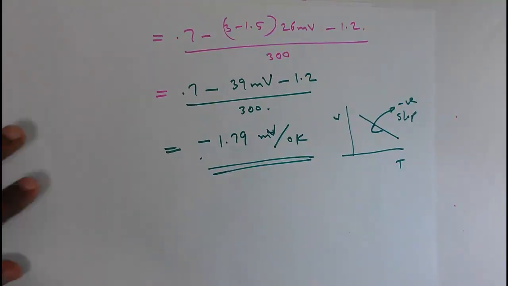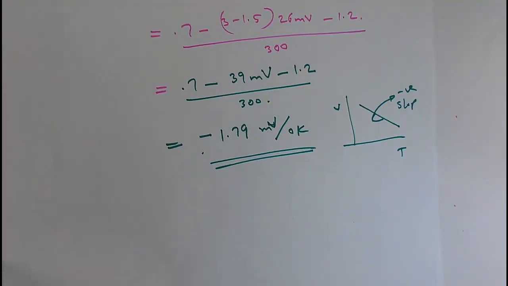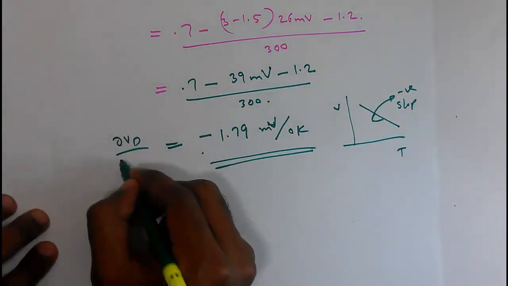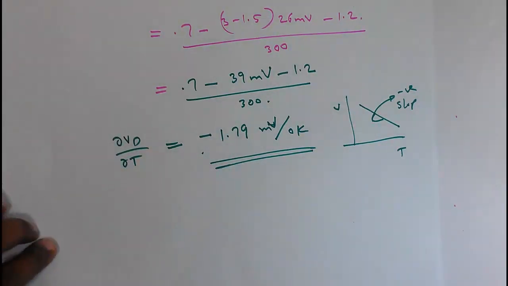So our conclusion in this discussion is, initially we assumed I0, that is the current through the diode, is a constant, and we derived the expression for ∂Vd/∂T, and we found it is minus 1.88 something.